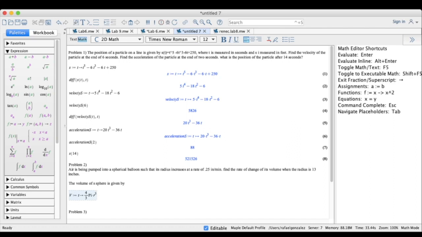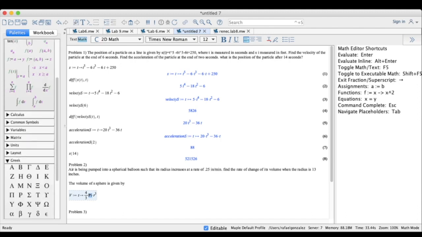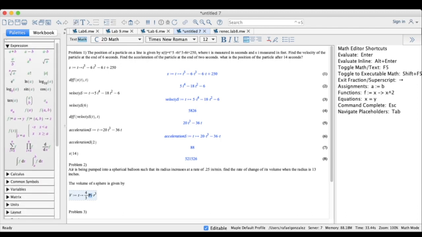So this is the formula for the volume of a sphere, 4 over 3 times pi times r cubed. Notice that for pi, instead of using the symbol, I just wrote capital P and then I, and this will give you pi.